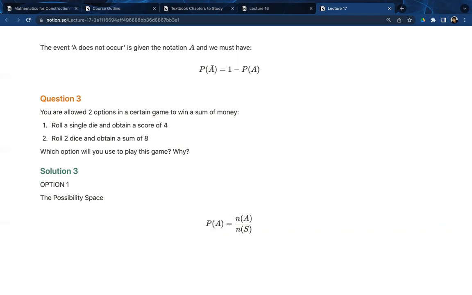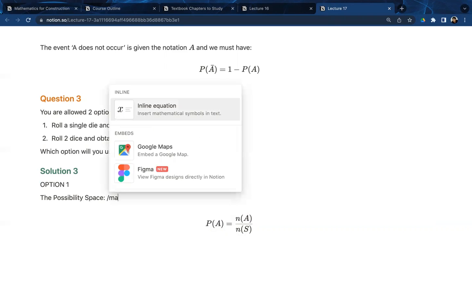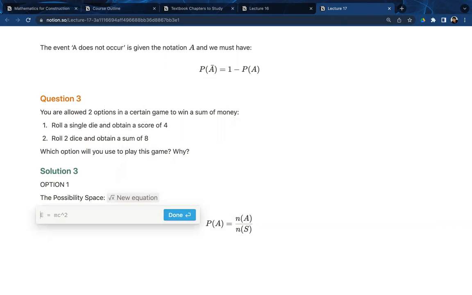When you throw one die, what are the possible scores you could get? You could get 1, 2, 3, 4, 5, 6. That's the possibility space for the first option.